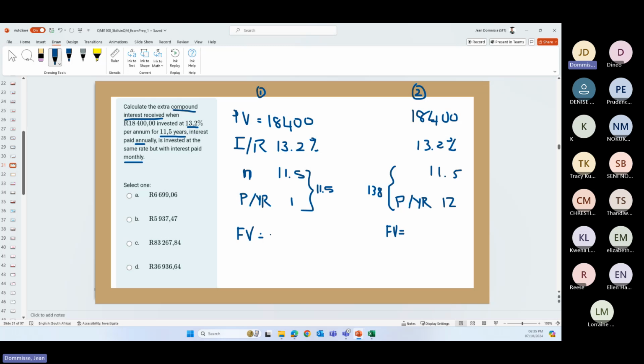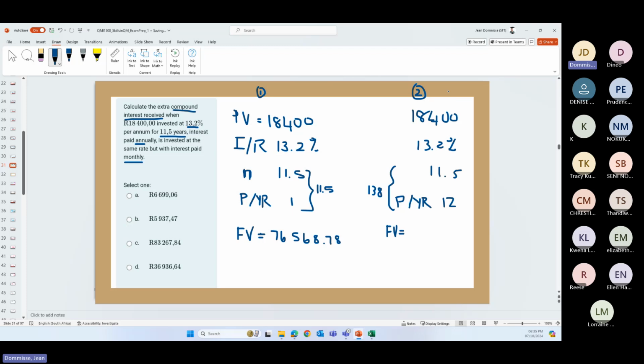And then my future value for this one is 76,568.78. There's not even an answer there. That good. So let's hope that is correct.